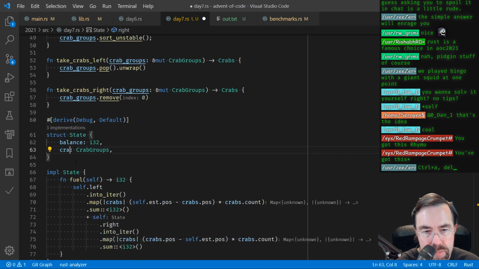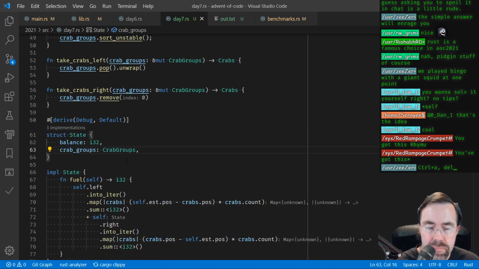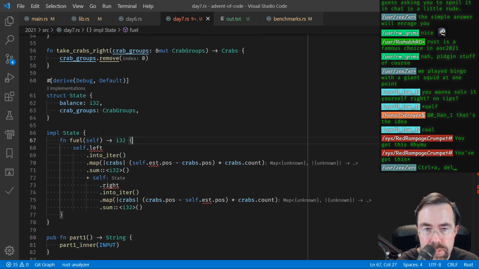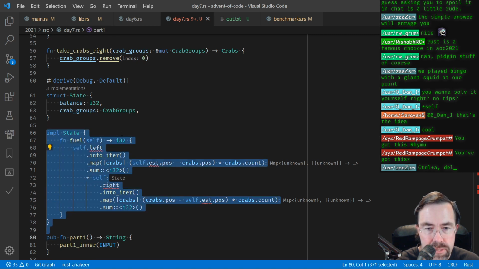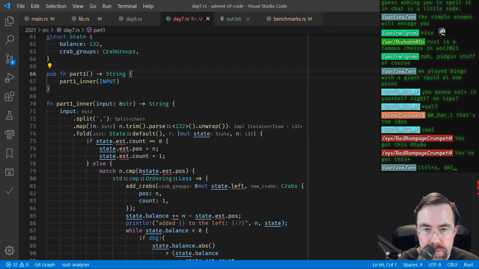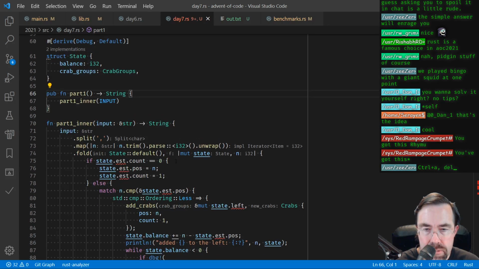Let's just have crabs. Crab groups. And then fuel is something that we'll collect as we go, so we don't need that. Okay. So in the initial fold, it's just to add it in.